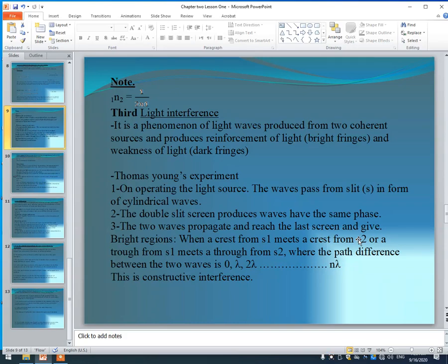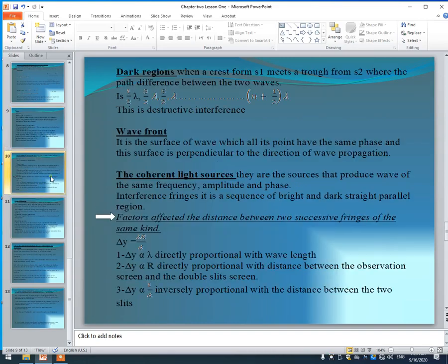So if crest meets crest and trough meets trough, this is called constructive interference. This means reinforcement of the light happens, and the path difference between the two waves will be 0, lambda, 2 lambda, or n lambda.